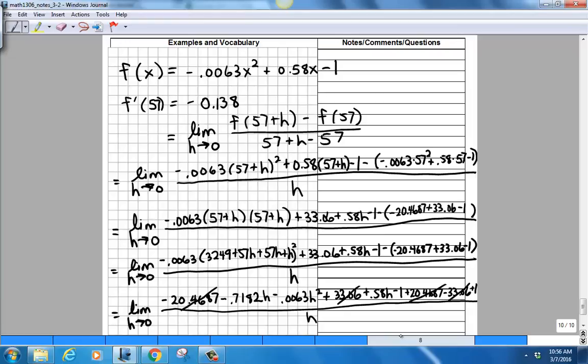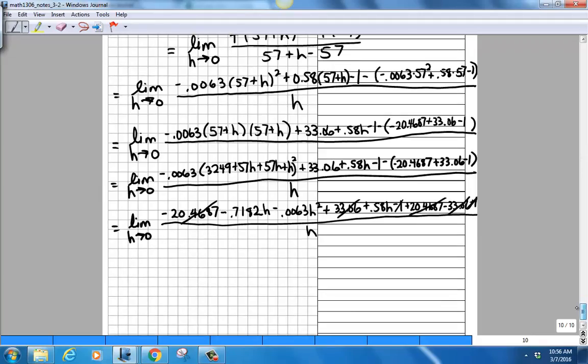So that's gone away. And then I have a minus 1 and a plus 1, right? So those two things are going to cancel each other. So see, it looks like I had a bunch of ugly terms there, but not so bad.